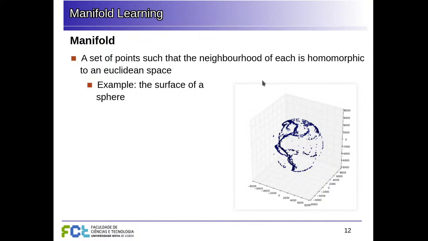And we can do that, for example, converting the coordinates into latitude and longitude, and then we can use this 2-dimensional representation of the data. Note that this mapping between higher dimensions and lower dimensions needs only to be local, so in the neighborhood of each point. If you try to represent the surface of a sphere on a 2-dimensional map, you will have problems with very large distances, and you'll have the edges of the map and so on.